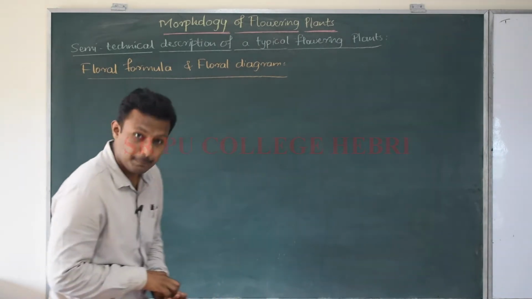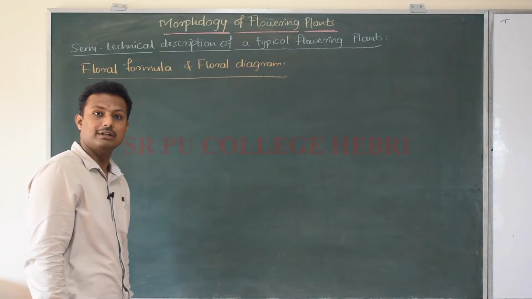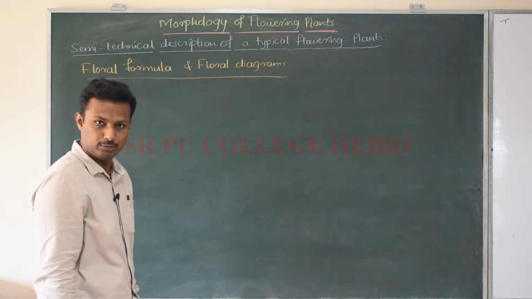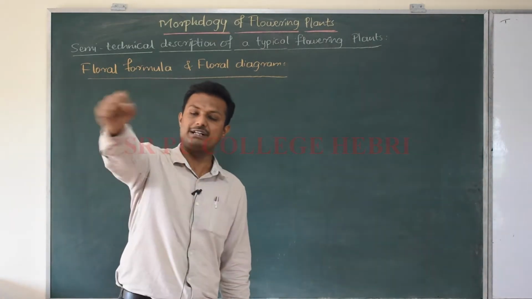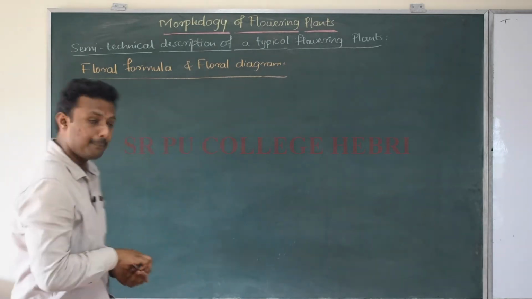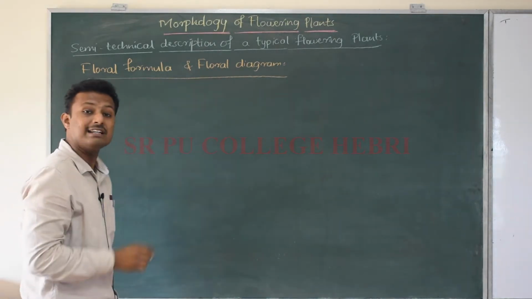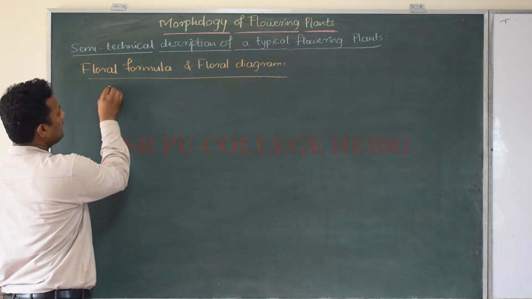Okay, in order to represent the characteristics in the form of a floral formula, we need to have certain symbols which represent their corresponding characters. Right? See, you know, bracts. If a flower has a bract, then it will be called a bracteate flower.